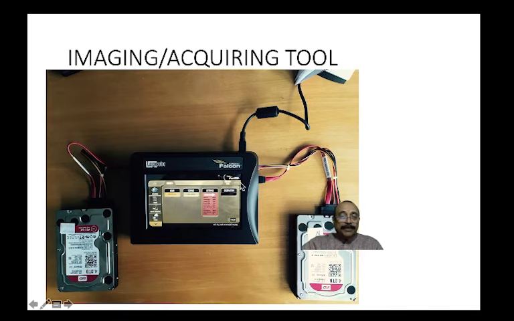Both will be verified here, and it will give you a printout saying that the hash value of this and the hash value of this are identical. Then the court will accept this as original primary evidence. In general, according to law, this is primary evidence and this is secondary evidence. Whatever is copied is secondary evidence.